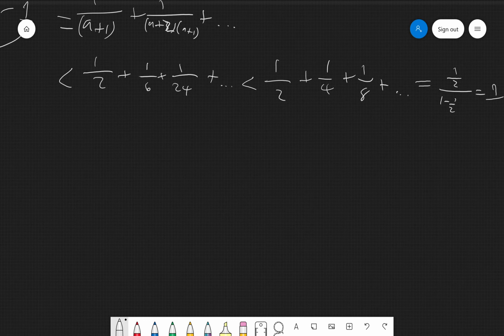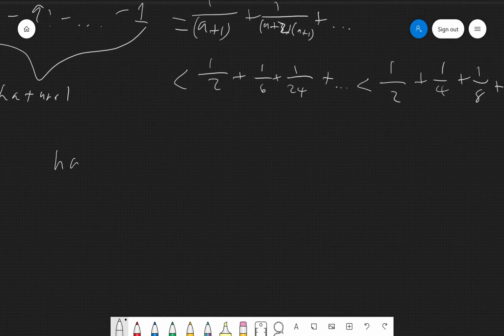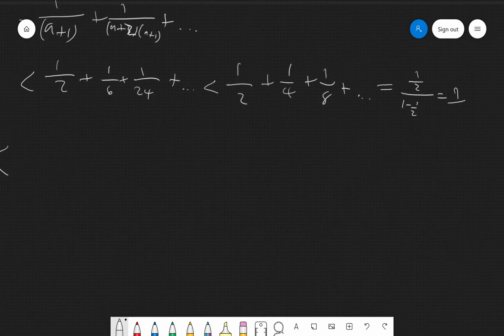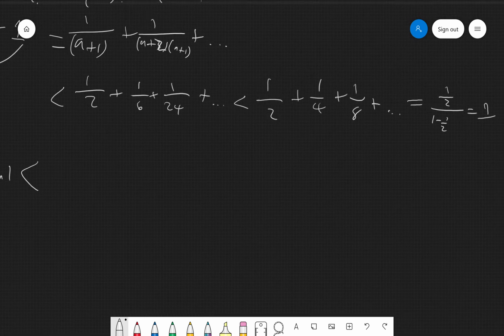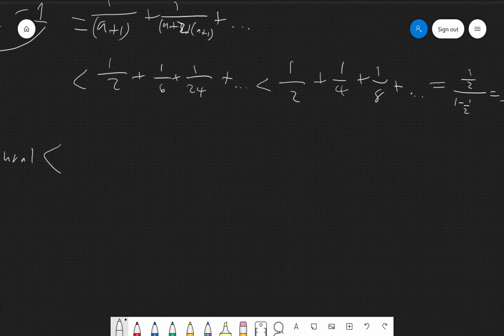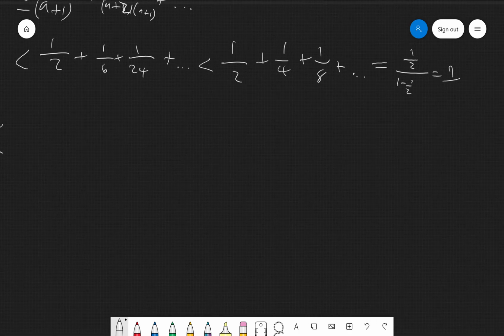So I'm just going to say that we have a natural less than, and in this case it doesn't have to be 1, right? You can do 2 and it's going to be bigger. If you do 3, it'll be bigger, and so on. Or wait, no, sorry, if you plug in 2 it's going to be smaller, if you plug in 3 it's going to be smaller.